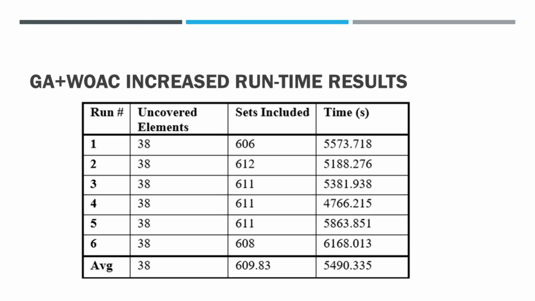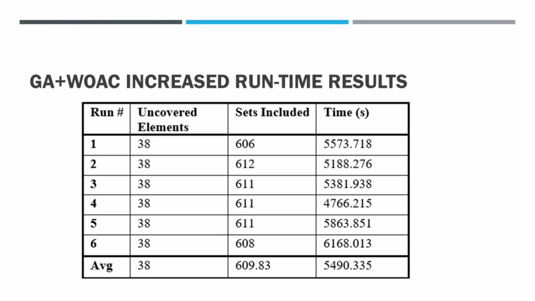Here we can see the genetic algorithm plus wisdom of artificial crowds increased runtime results. So in the first column you can see the run number, and then down at the bottom the average for all of these 6 runs. So again, we managed to find the optimum number of uncovered elements with each run, which was 38. We used the same data set.